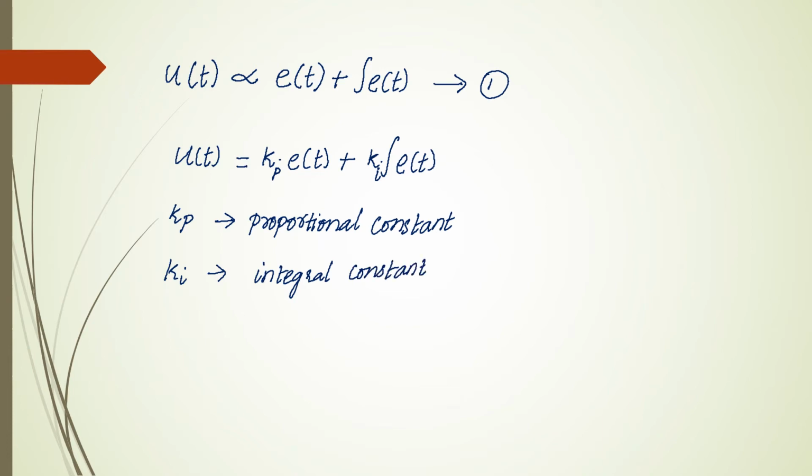So till now what we have done is remove the proportionality symbol by introducing two constants Kp and Ki, where Kp is the proportional constant and Ki is the integral constant. This is our equation 2.